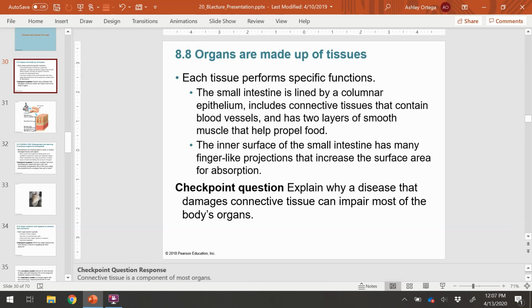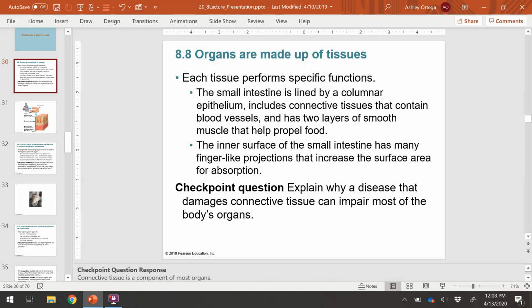And so let's see, your example here is the small intestine. It is lined by the columnar cells. These will include connective tissue that will have blood vessels, and that will help with nutrient gathering. And so it also has layers of smooth muscle that help move food through the intestines.